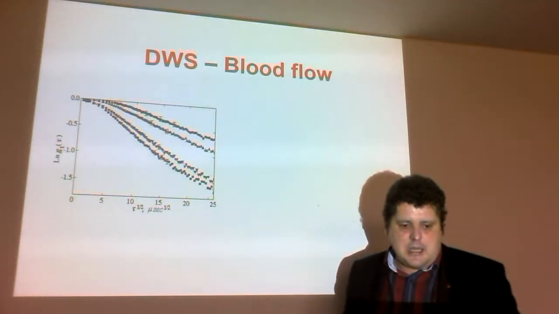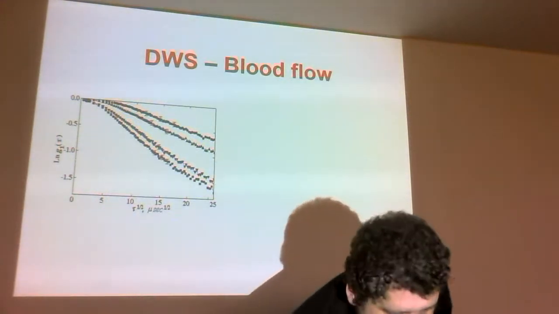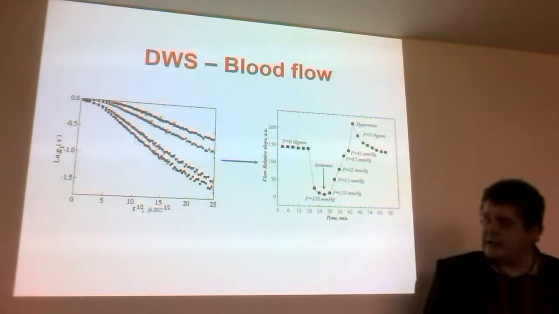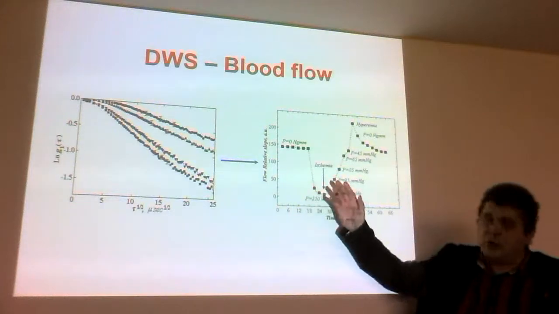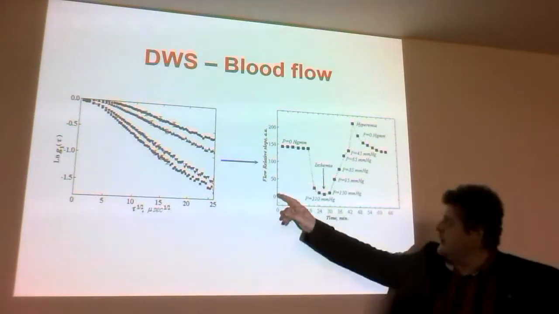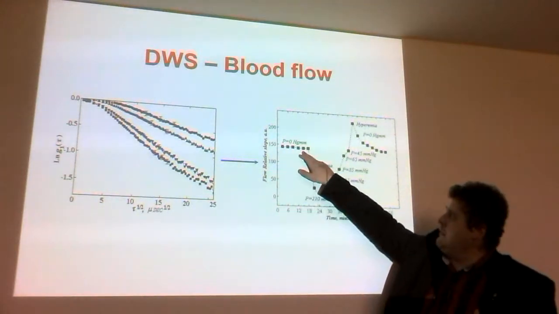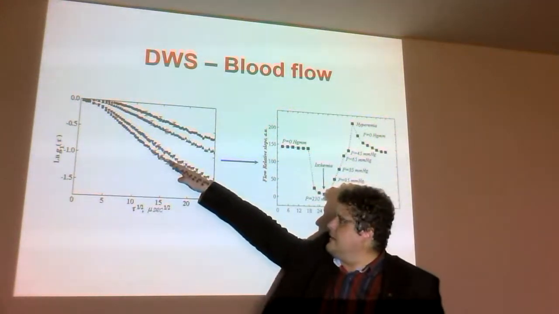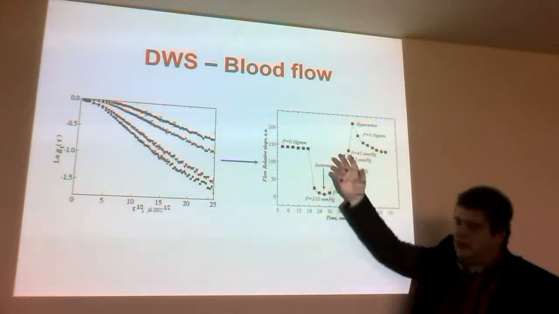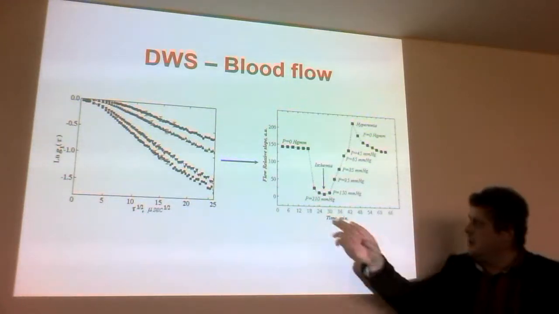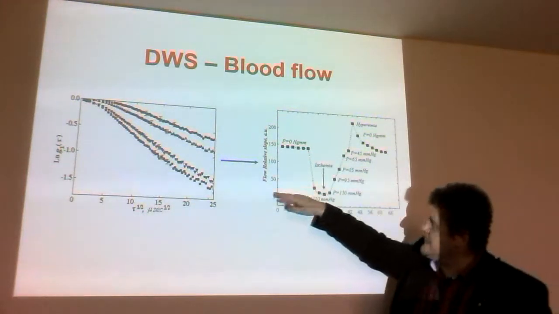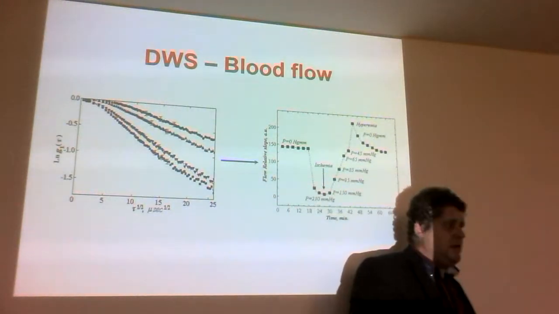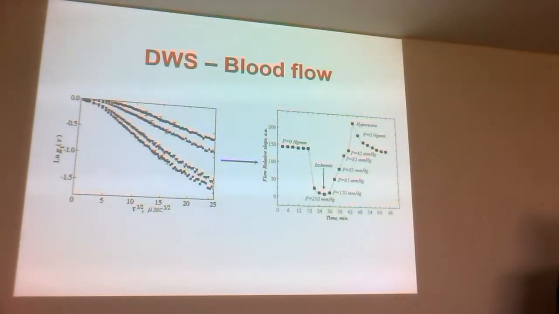And also we did the standard occlusion test, and we found a very interesting relation with known physiological data. When we have normal conditions, we have this slope of the correlation function, basically like that. As soon as we apply suppression, the slope drops, which means the blood flow is going very slowly.